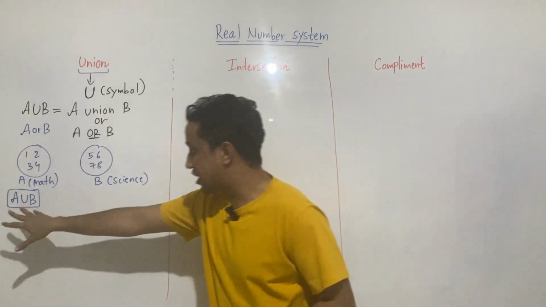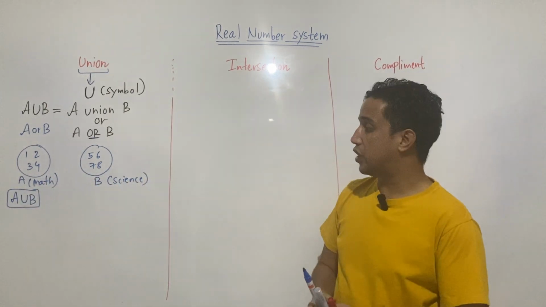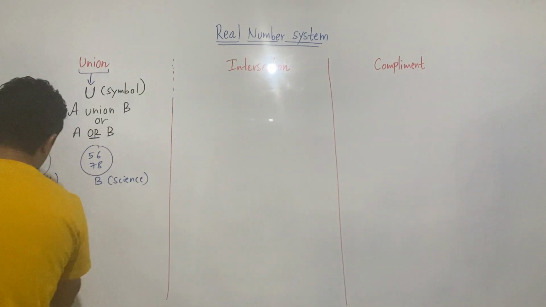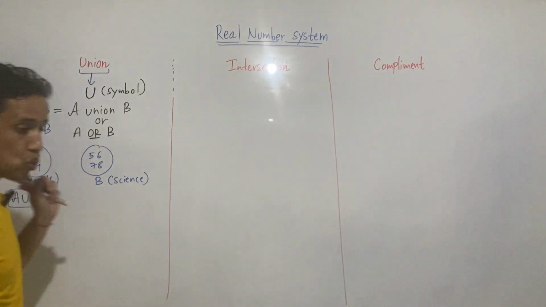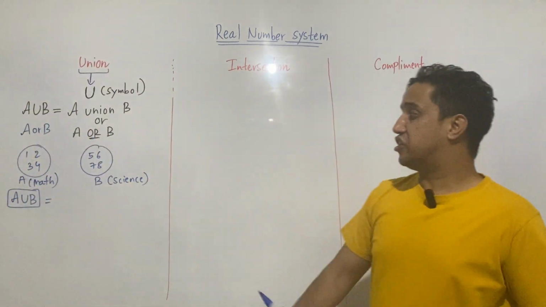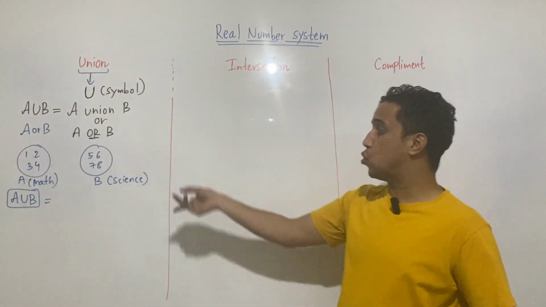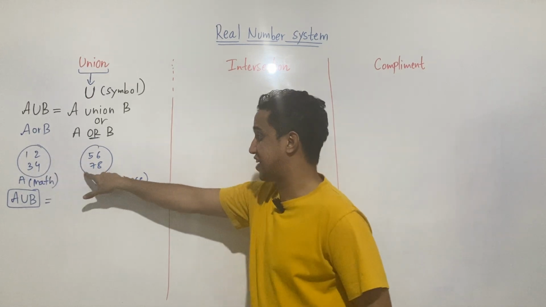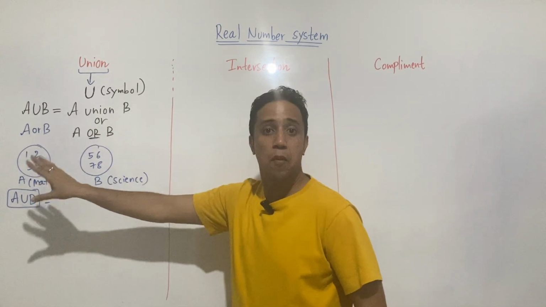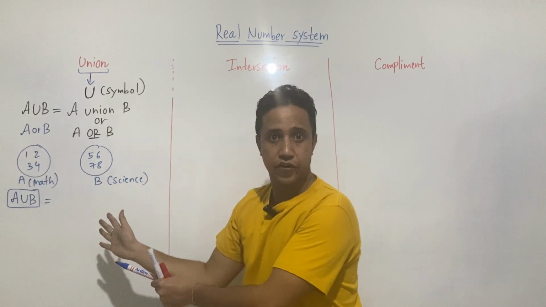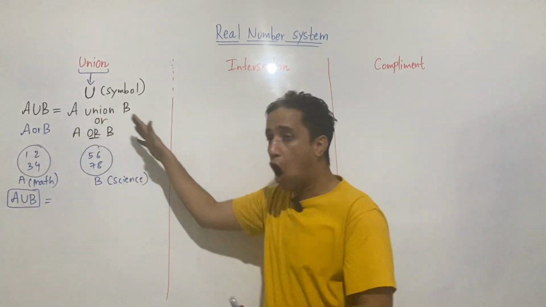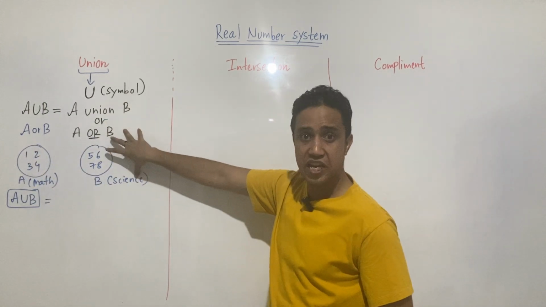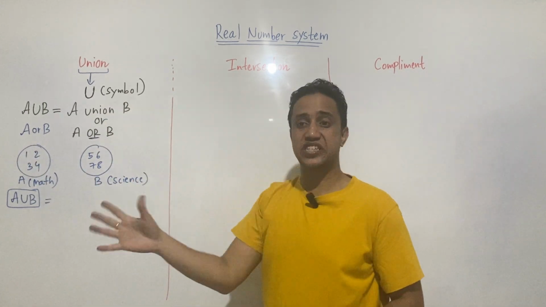So it's going to be the student numbers who are in set A, in set B, or in both the sets A and B. I have to take all the elements that are in set A or in set B or both the sets A and B.